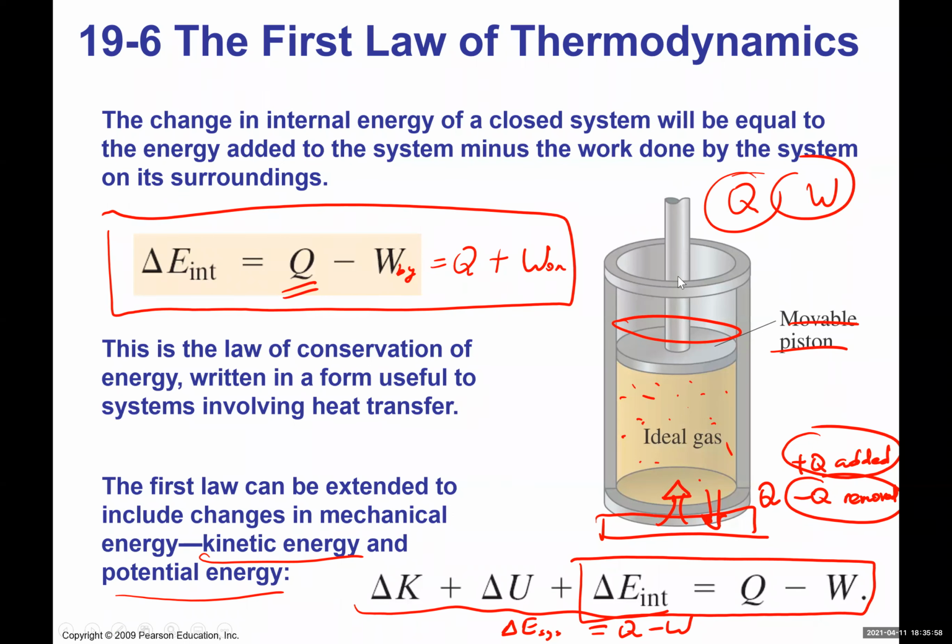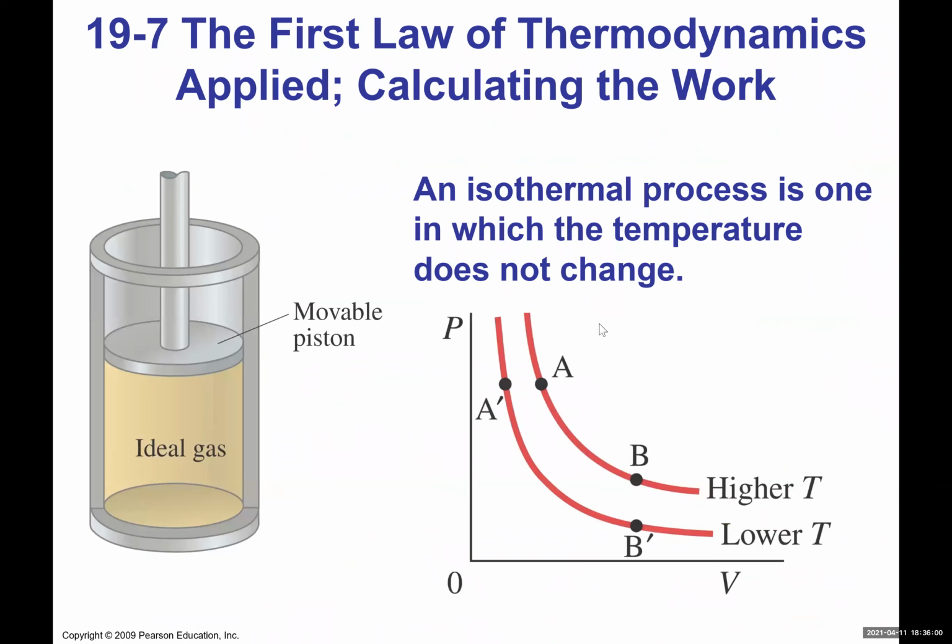Okay. And now we're going to look at several types of processes: changing the temperature of your system while keeping other things constant, or changing the volume while keeping other things constant, or changing several things together and keeping just one quantity constant.